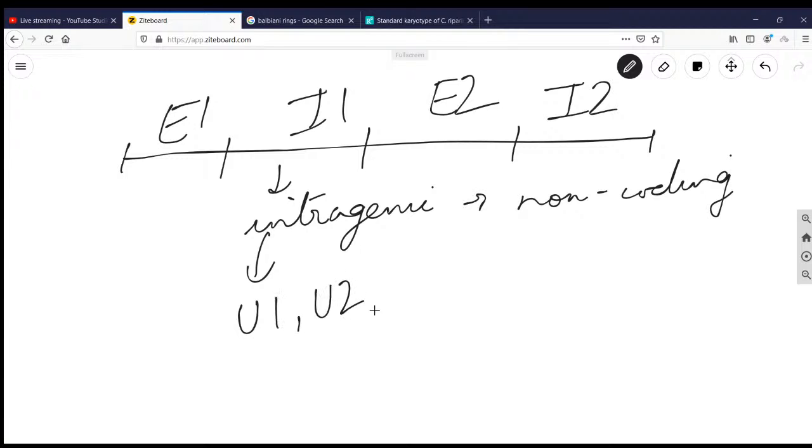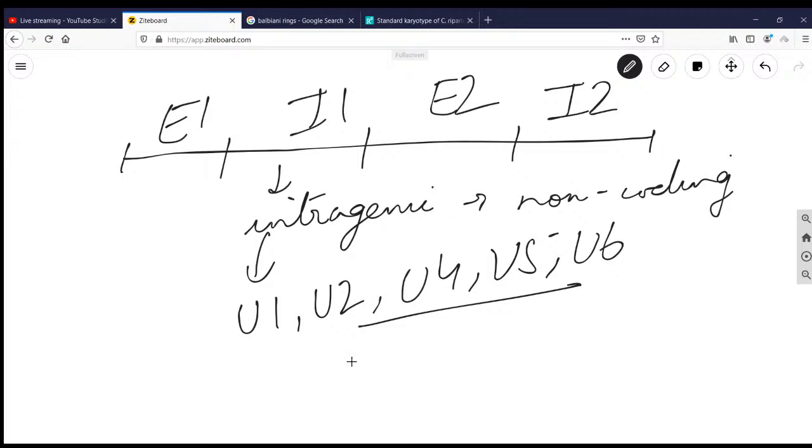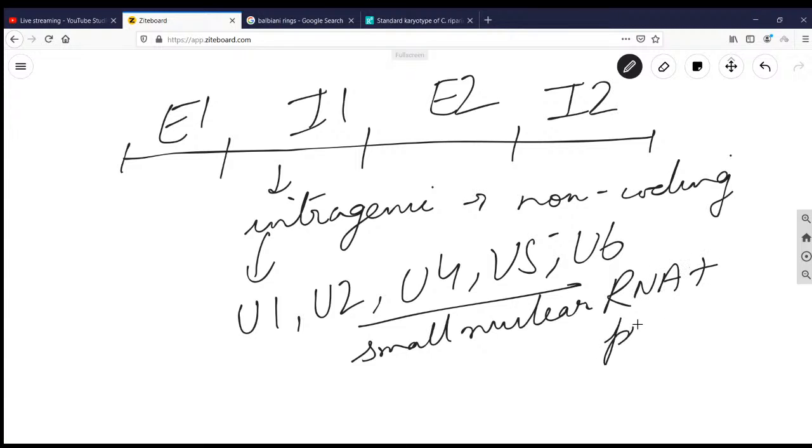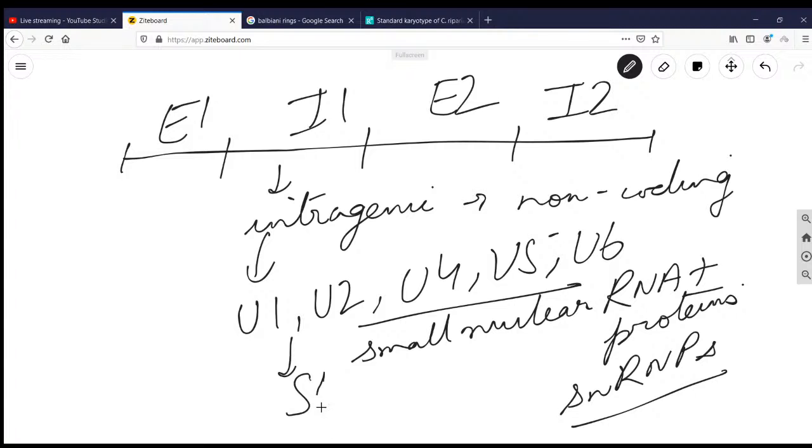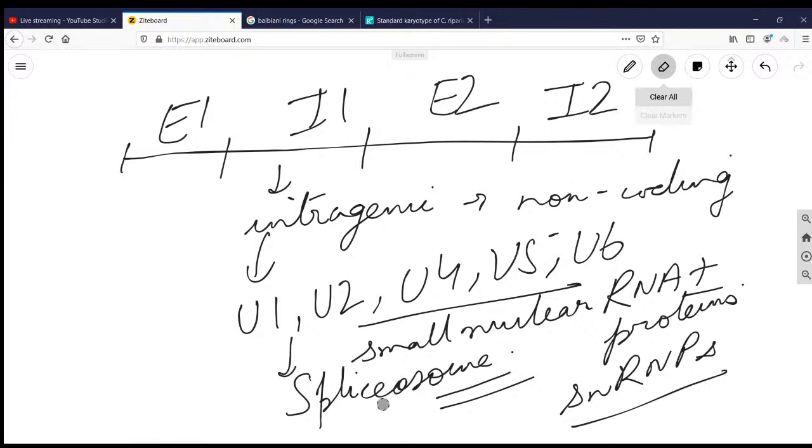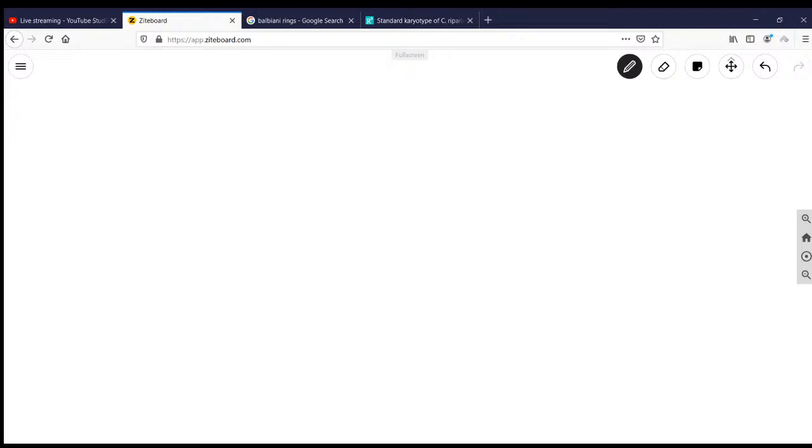You have multiple small nuclear RNAs, and they are associated with proteins, so they become snRNPs, small nuclear ribonucleoproteins, which produce a spliceosome, which was there in your question which we solved last time. So it is again present in eukaryotes. These are not self-splicing, but we have self-splicing introns also, type 1. So coming to the next question.